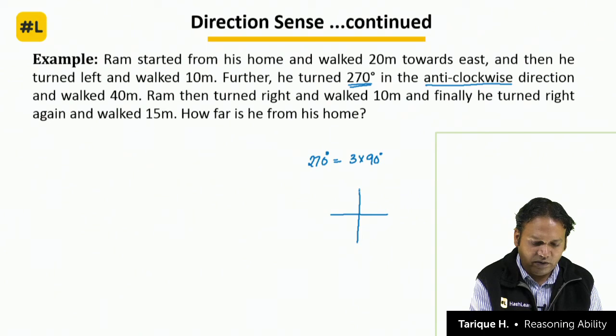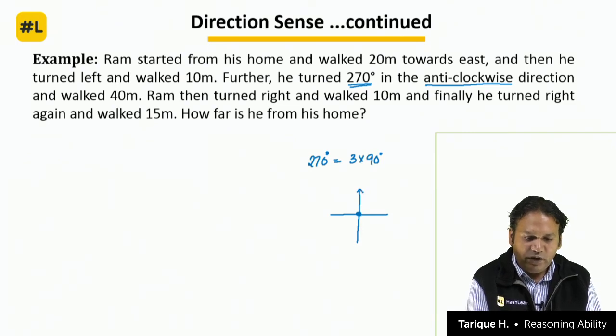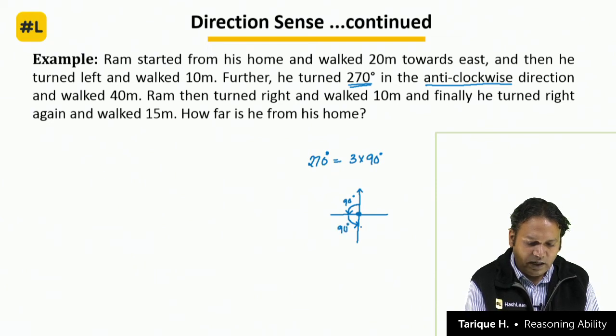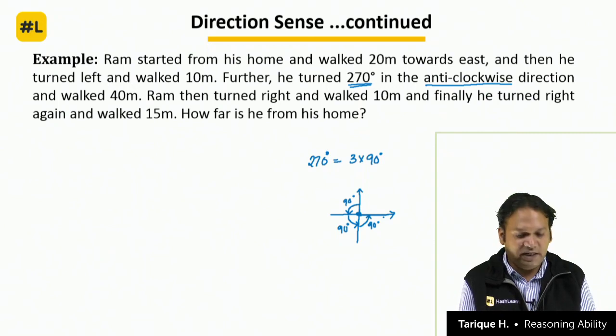You are at this point, going straight in this direction, and you are turning 90 degrees 3 times. First you turn 90 degrees anti-clockwise, then again 90 degrees anti-clockwise, and again 90 degrees anti-clockwise. So you have to start going in this direction now. We are turning 270 degrees anti-clockwise.